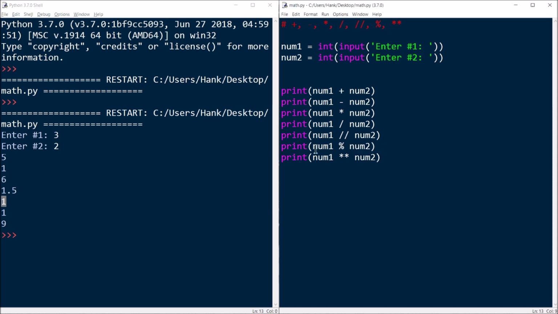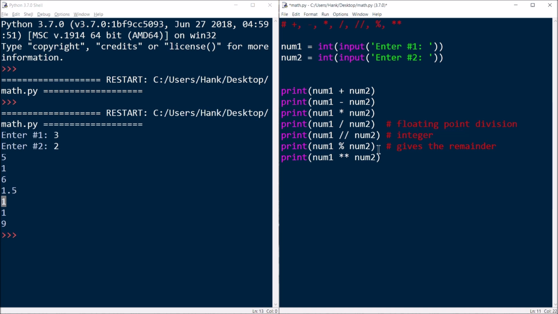Now what does modulus do? This is 3 modulus 2. Modulus gives you the remainder, and this gives you an integer, so no decimal places. And then this right here is floating point division, and this is integer division.